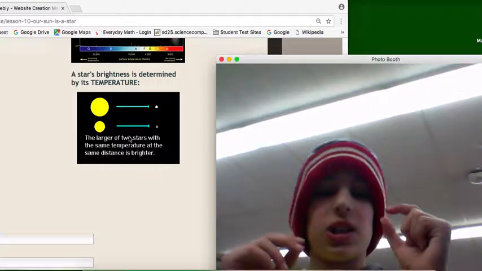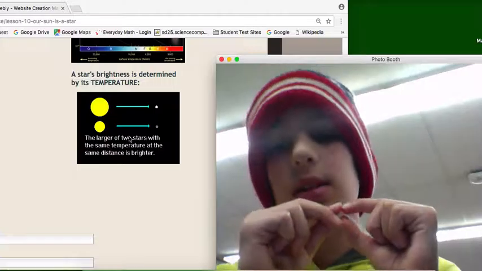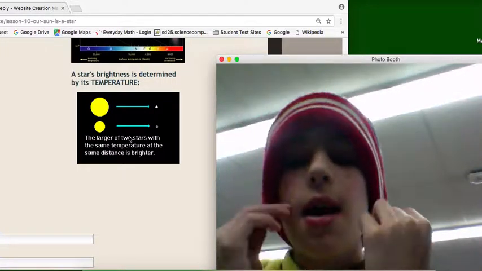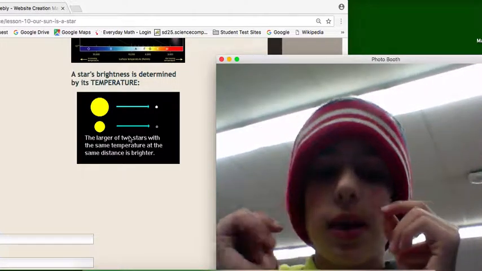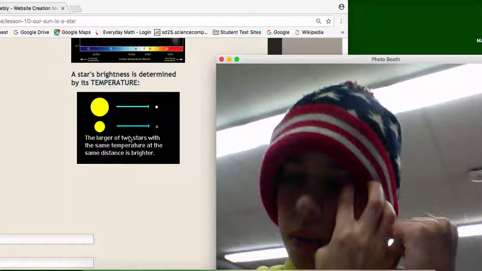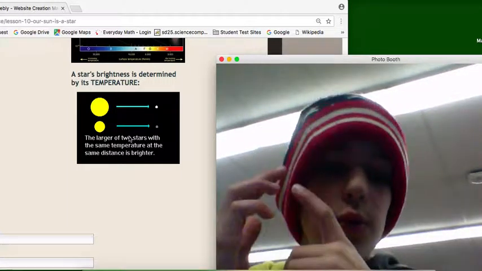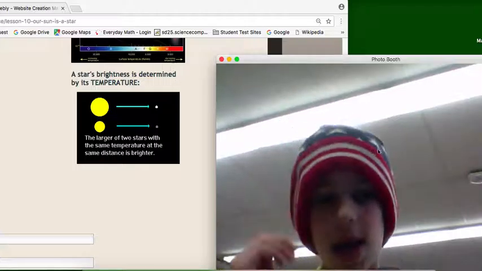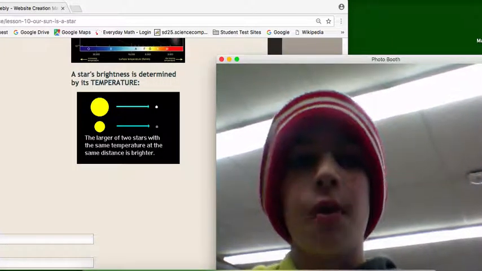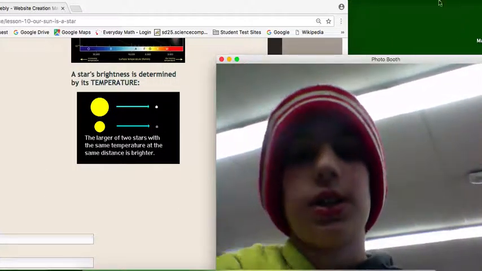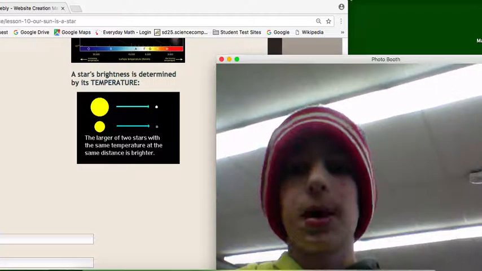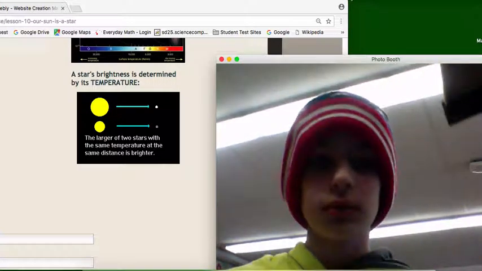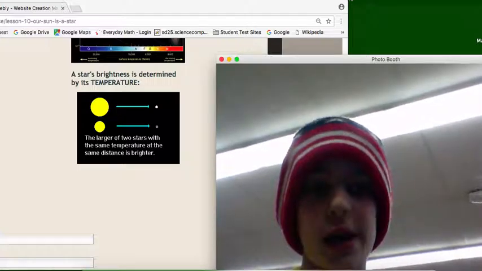But imagine this little tiny flashlight. It would only be bright in one eye, because you wouldn't see it out of the other. So that means it depends on the size also. So yeah, that was my video about stars' brightness in the sky.